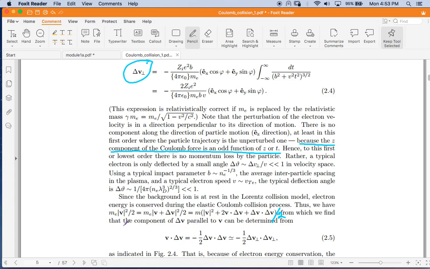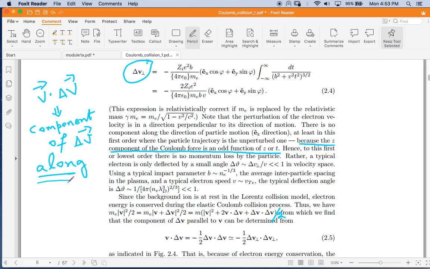Okay, v dot delta v is the component of delta v along v.